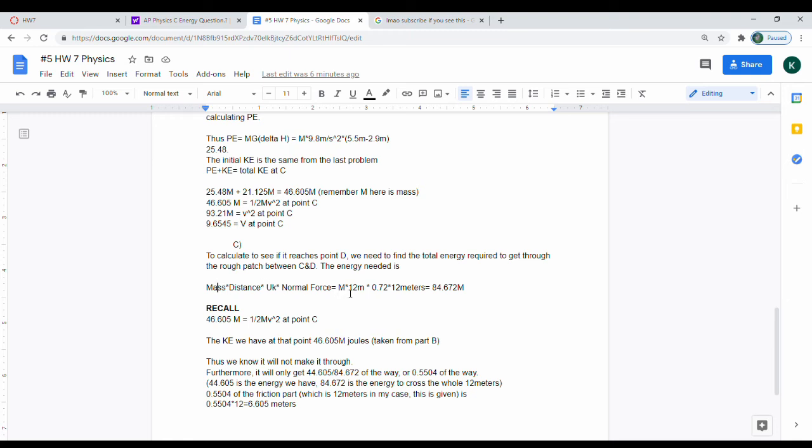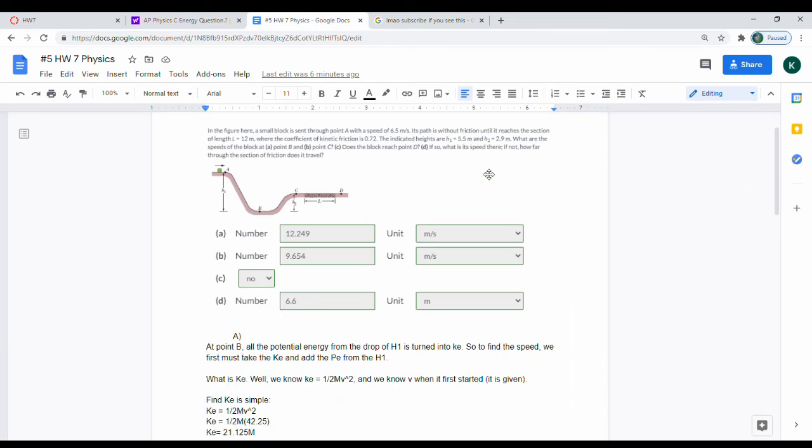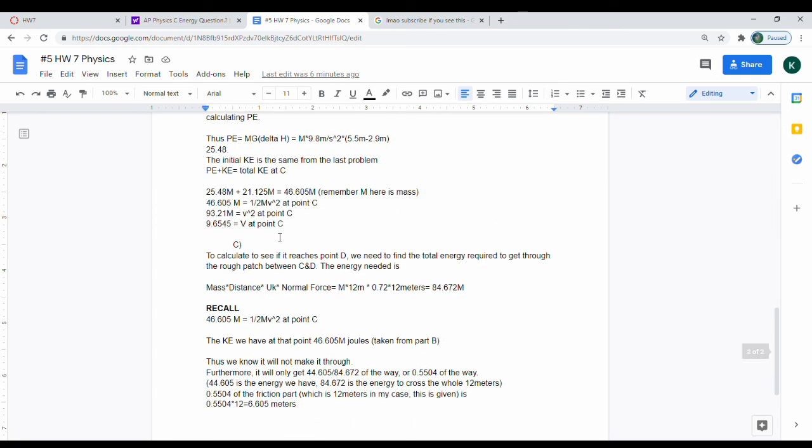So you take your mass, which you don't know, but you can leave it in terms of m, times the distance, which you do know. It's 12 in my case. Use your own numbers. Then you multiply it by your μk. Then you multiply it by the normal force. I forgot to put the normal force in here, but I put 12 again, but it should be 9.8.